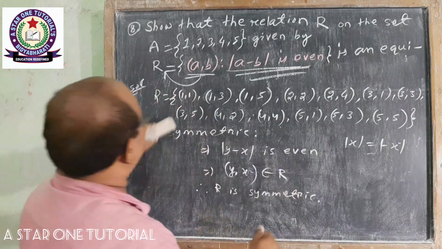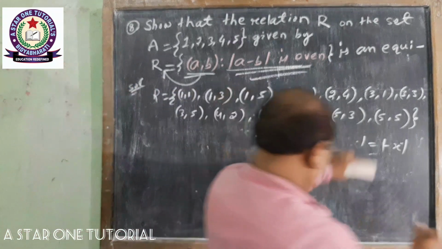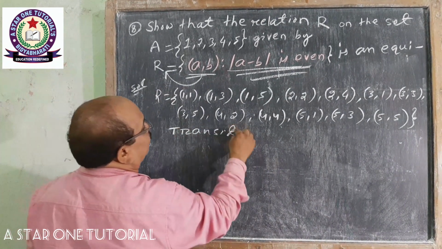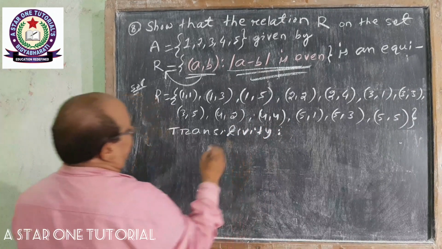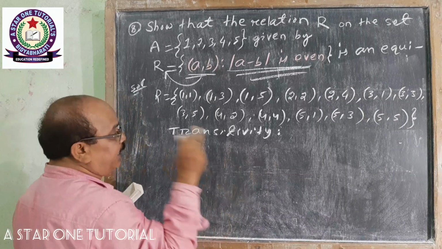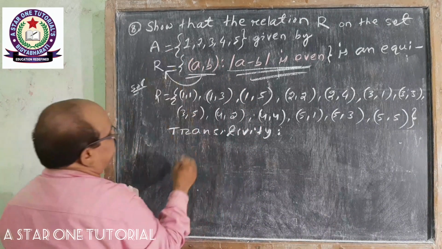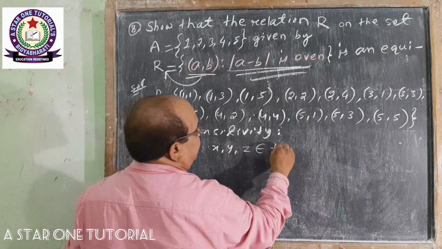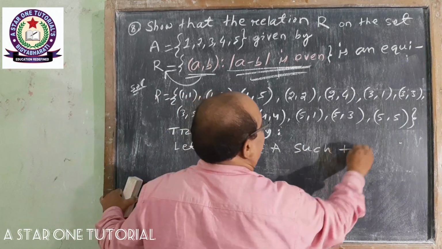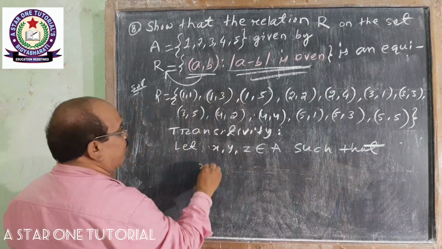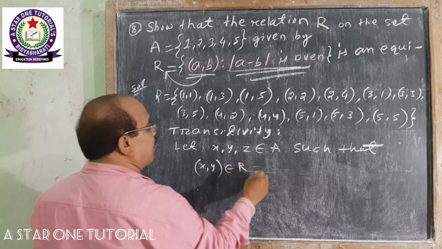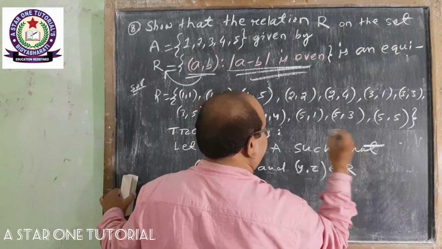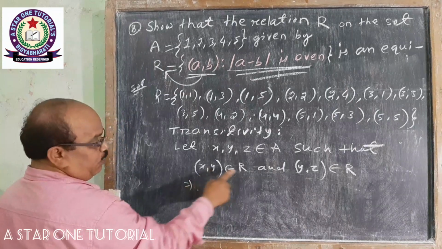Okay. Then go to transitive. For transitive, we have to take any arbitrary three elements from the set A. So let x, y, z belong to the set A such that (x, y) belongs to R and (y, z) belongs to R. That implies (x, y) belongs to R. What does it mean?